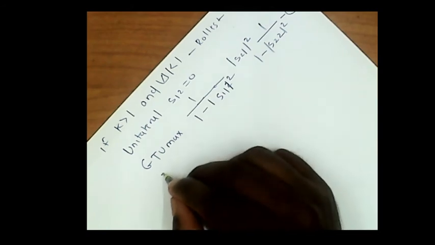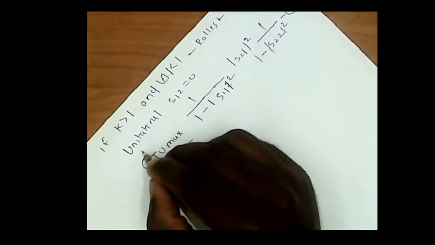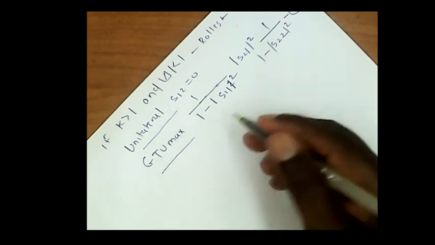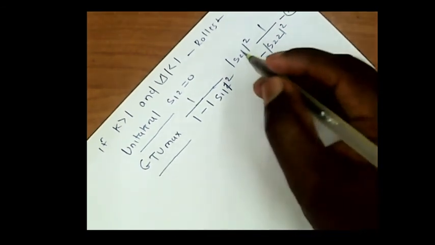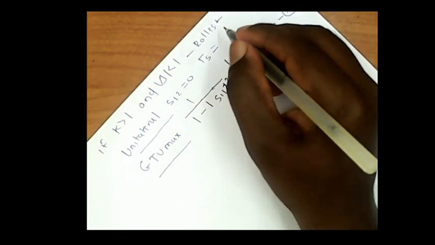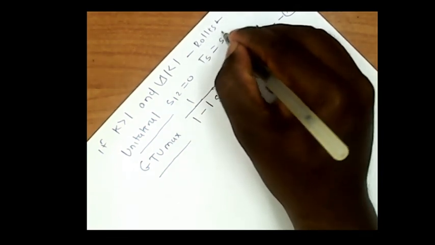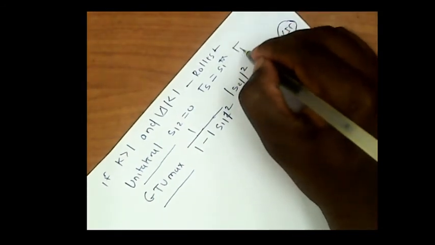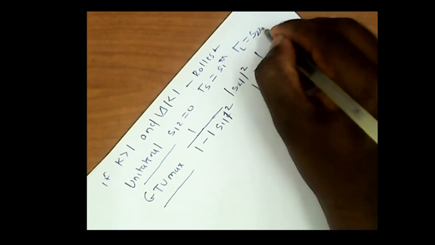This is the maximum transducer gain for the unilateral case, and at that time the source reflection coefficient gamma S is equal to the complex conjugate of S11, and gamma L is equal to S22 conjugate. So these are the conditions.